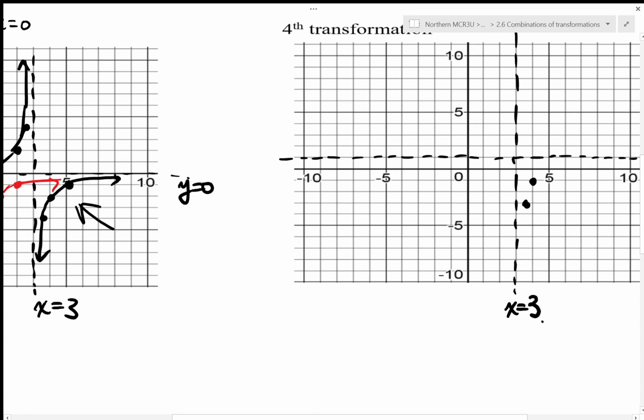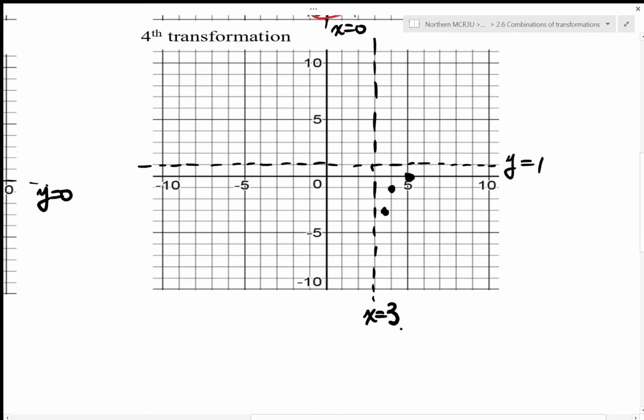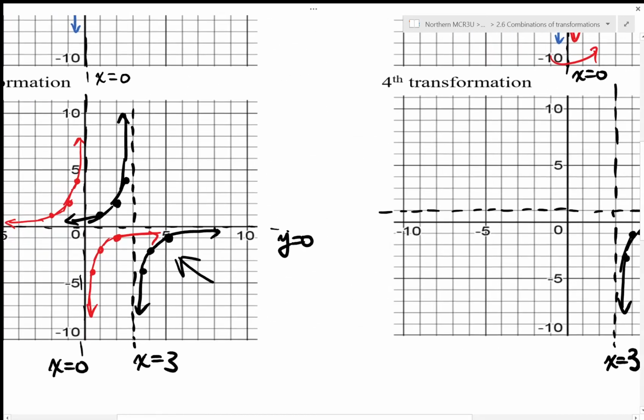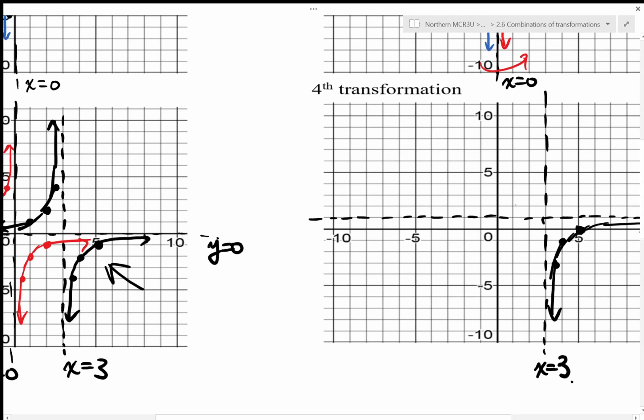Oh, it actually is here. So then this is my graph. Same thing with the top portion. So all the y values go up by 1. So instead of starting at 1, it will start at 2, and then 3, and then 5. So this is now my new graph.